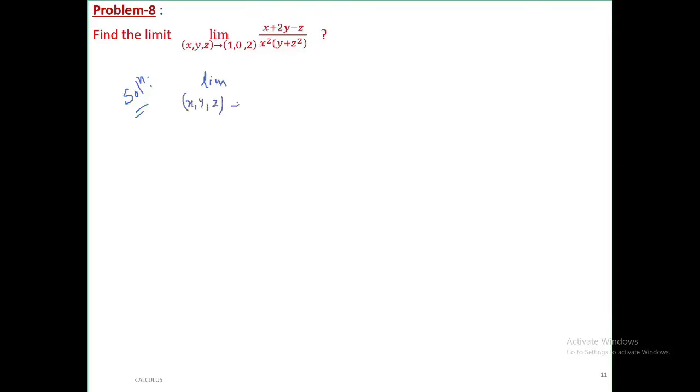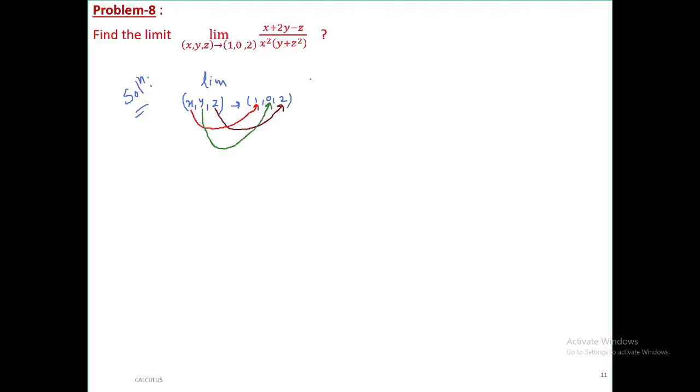(x, y, z) is reaching to (1, 0, 2). It means here x is reaching to 1, z is reaching to 2, and y is reaching to 0, like this.